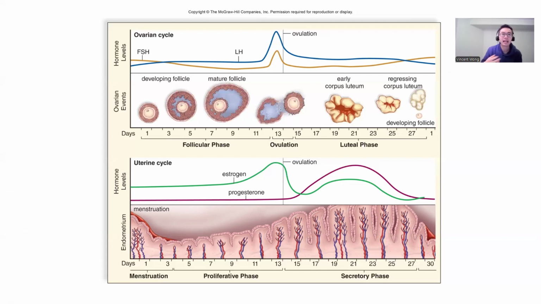If you don't have someone to explain this to, sometimes explaining it out loud to yourself is a good way to study these things as well. Now they use a little bit different names here, but follicular phase, luteal phase, don't worry about these ones that we didn't talk about. Anyways, moving on.